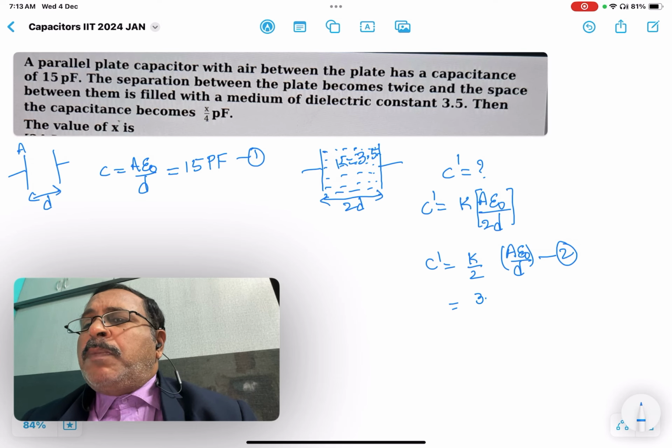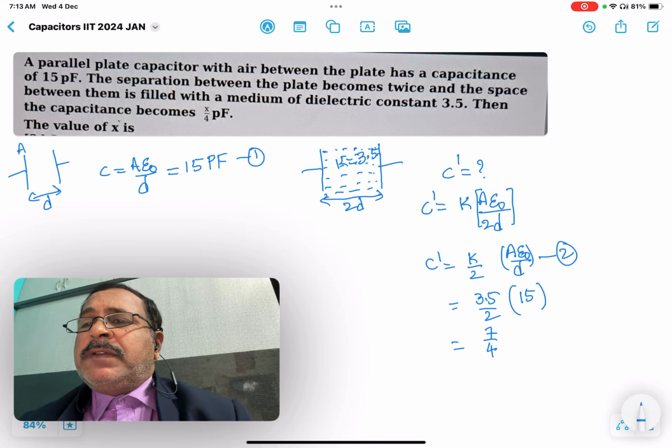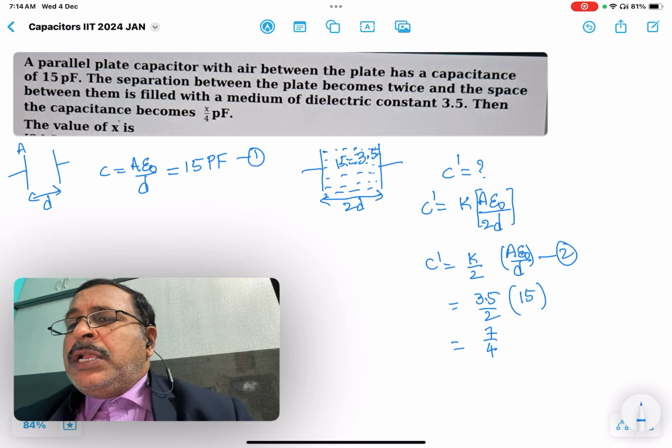So K value 3.5 by 2 into 15 picofarad. This is 7 by 4 into 15, so finally we get 105 by 4.